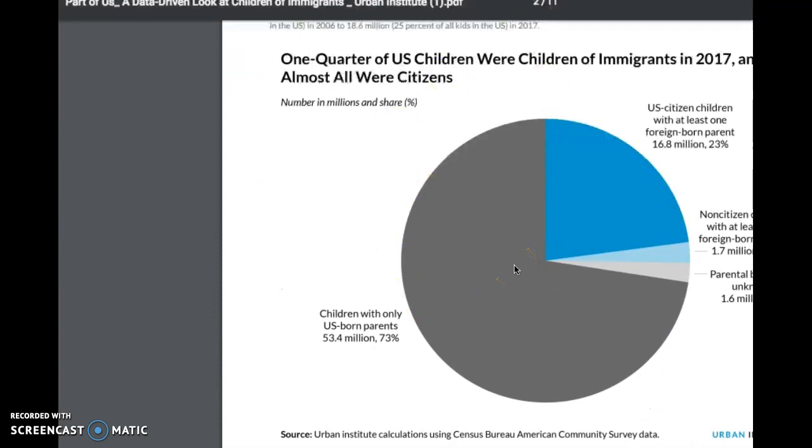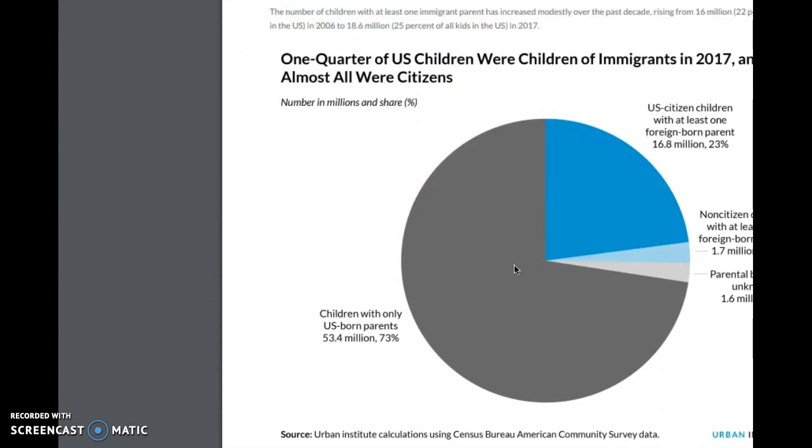But again, what I want you to do is to make your own text, do your own writing about them, right? I don't necessarily want to hear that 53.4 million children have only U.S. born parents, or that 1.68 million have this, and 1.17 million have this, and that 1.16 million have this, and that's 73%, and that's 23%, and so on.